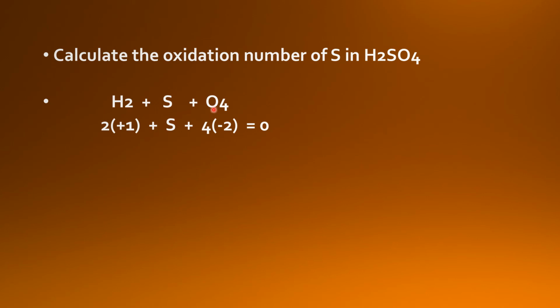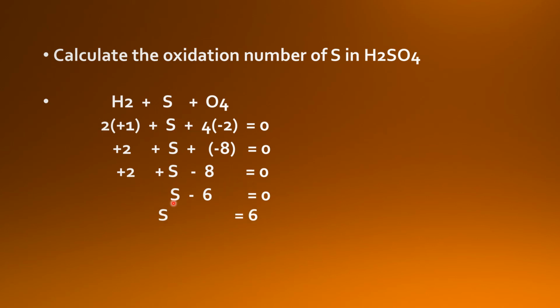Then 1 oxygen atom carries the charge of -2, and there are 4 oxygen atoms, so we will multiply this value by 4. So we calculate it as +2 and -8. The answer will be +2 -8, which is -6. So the oxidation number of sulfur will be +6.